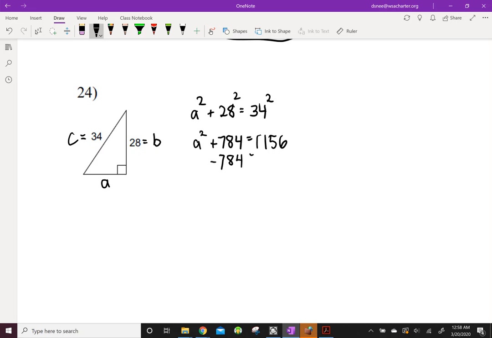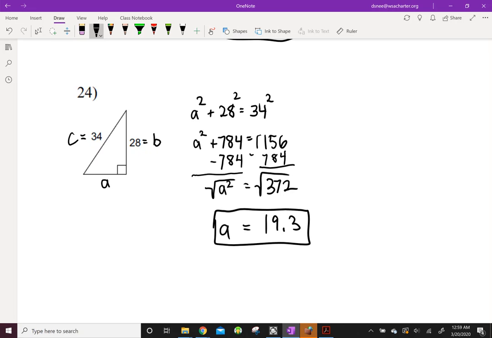Subtract 784 on both sides of the equation. You're left with A squared equals, let's see, 372. And then you take the square root. The square root of 372 equals 19.28, so 19.3.